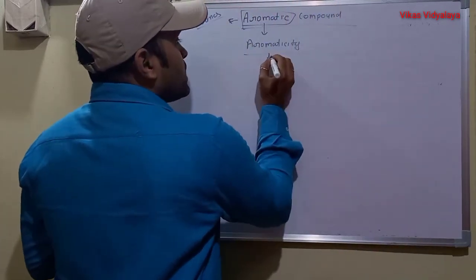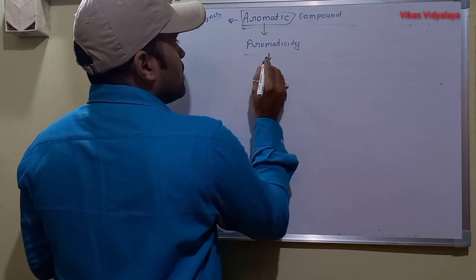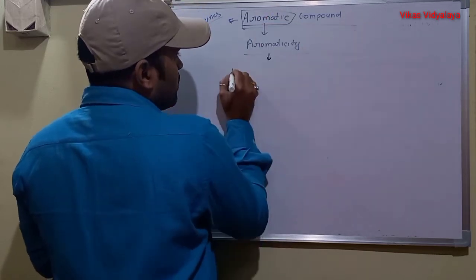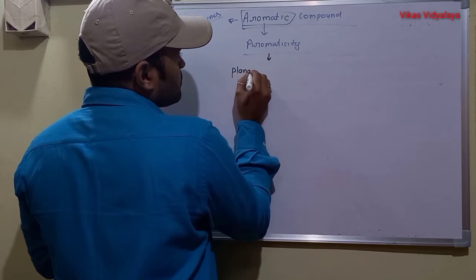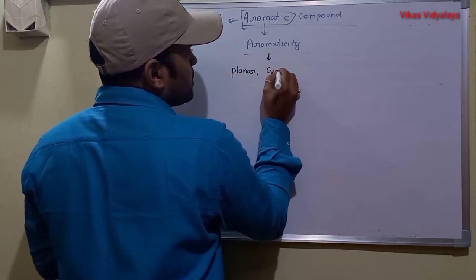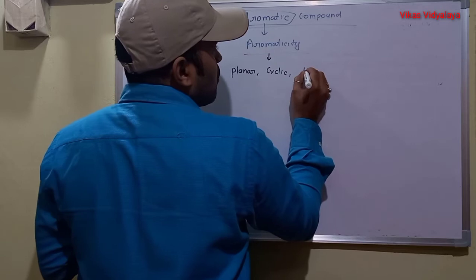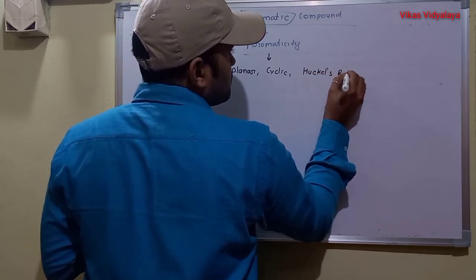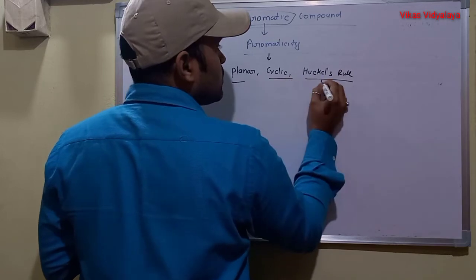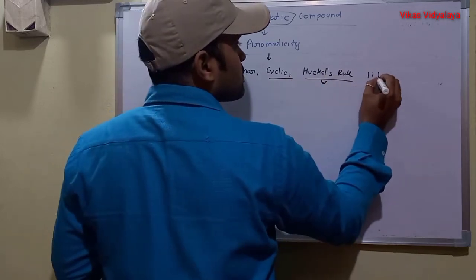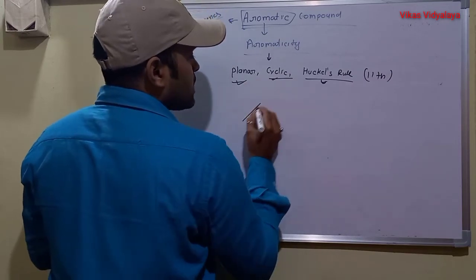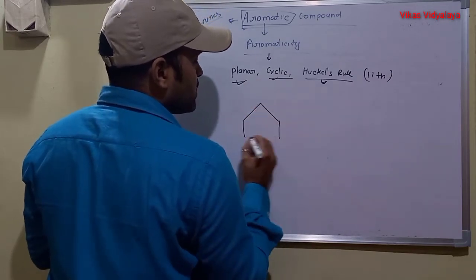A compound is said to be aromatic when it is planar, cyclic, and follows Huckel's rule. This rule will be discussed in your 11th class. Planar and cyclic: I will take an example, which is benzene.